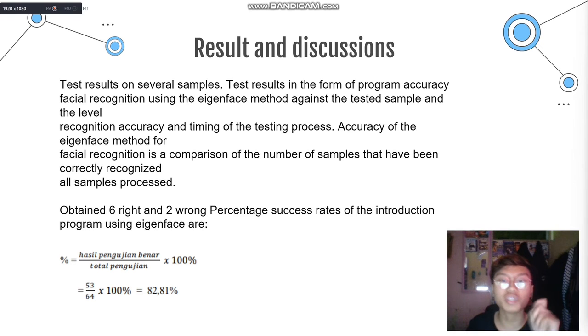The percentage success rate of the recognition program using eigenfaces is 100%, 100%, and 82%.